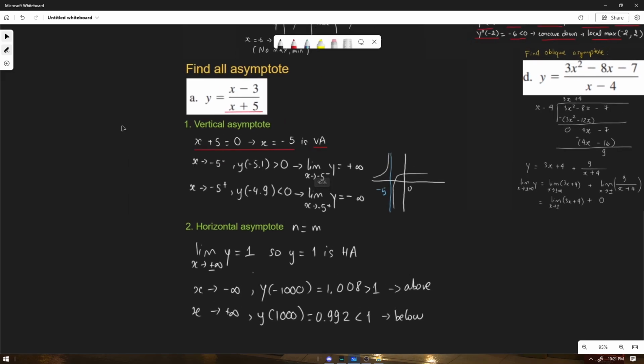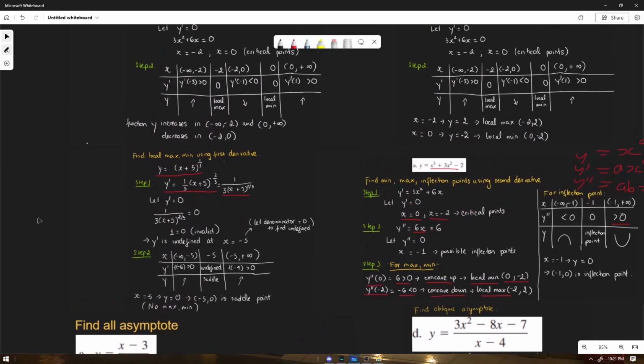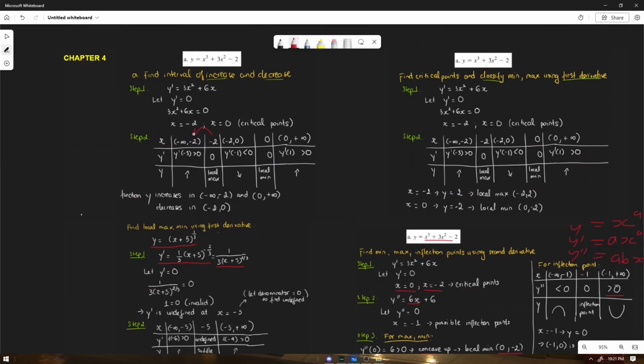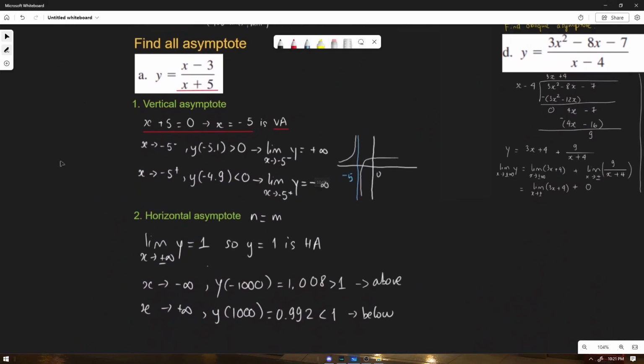And when you get the vertical asymptote, we're going to take a value smaller than negative 5 and a value bigger than negative 5, like I said from the table up here. We take the small, take the big. But for this one, we're going to go even closer. Before, I did say do not use decimals, but for this one we want it to be as accurate as possible, so we have to use small decimals.